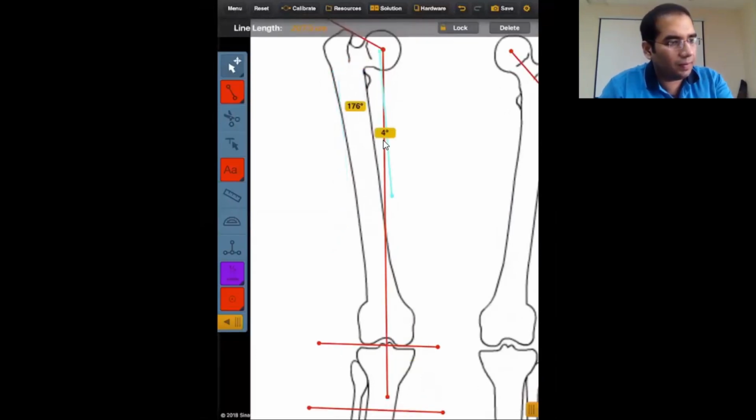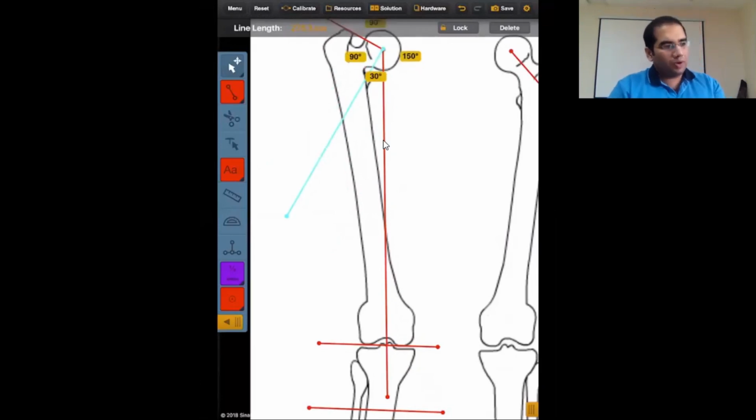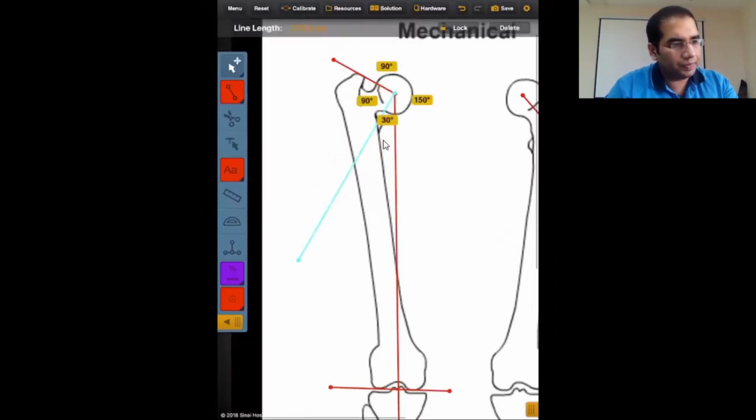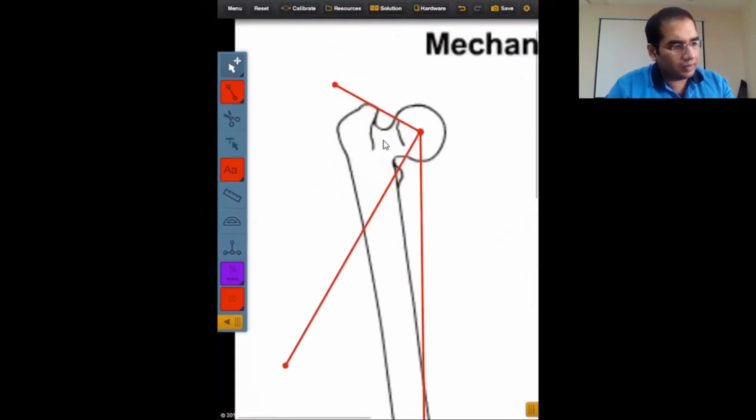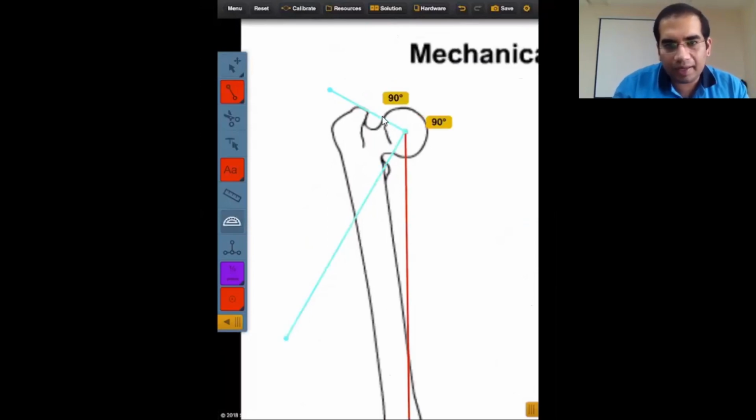So we will draw a normal angle of 90 degrees. This is the normal angle that we have got right now. The lateral proximal femoral angle over here is 90 degrees.